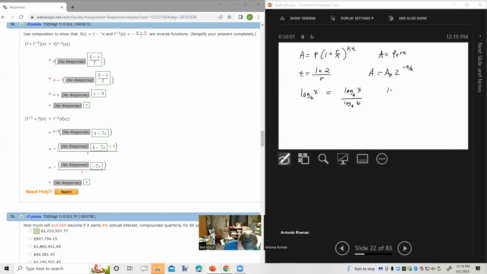So you could write it log base 10, or you could write it log base e. There's one other, that's changing from exponential to logarithmic form and logarithmic form to exponential form. So y equals b to the x becomes log base b of y equals x. All right?